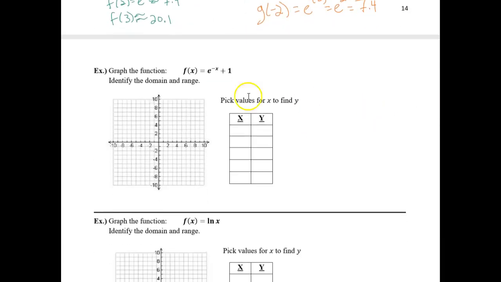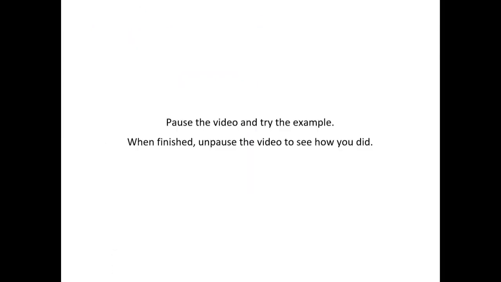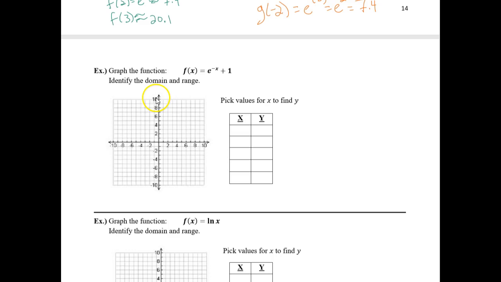Why don't you go ahead and try to graph the next example? Alright, in this example we have f of x equals e to the -x power plus 1. And then we have to identify the domain and range of that.